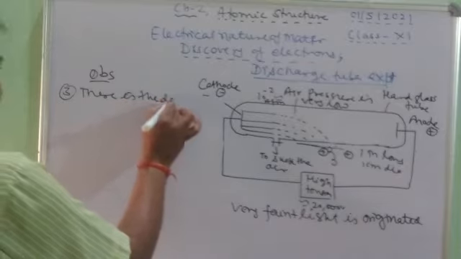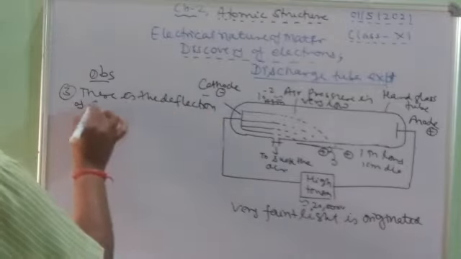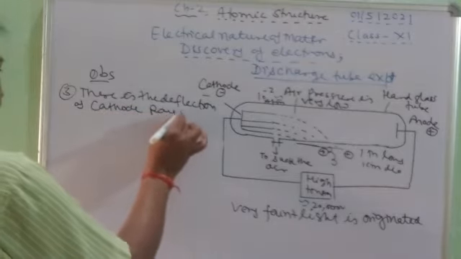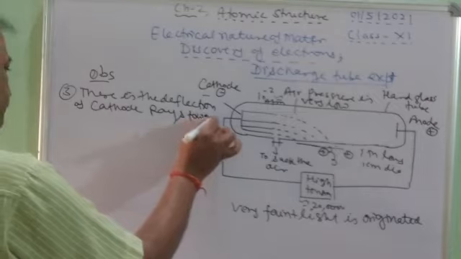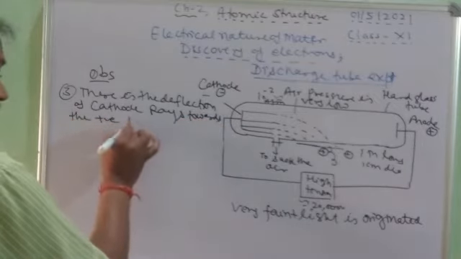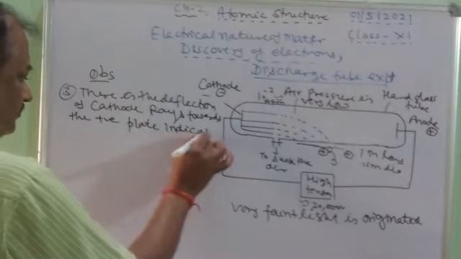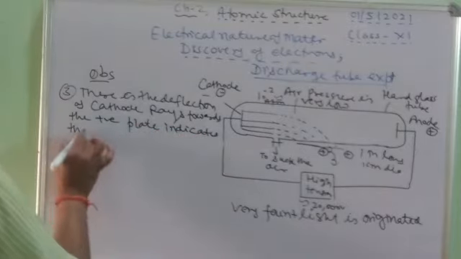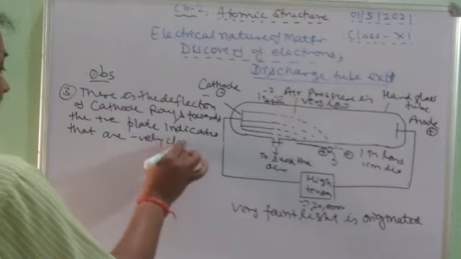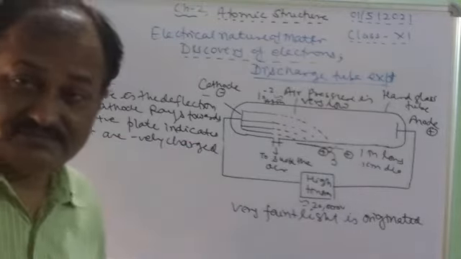The deflection of cathode rays towards the positive plate indicates that they are negatively charged.